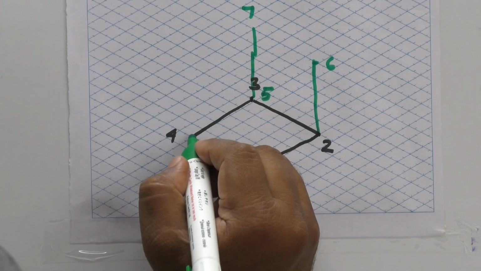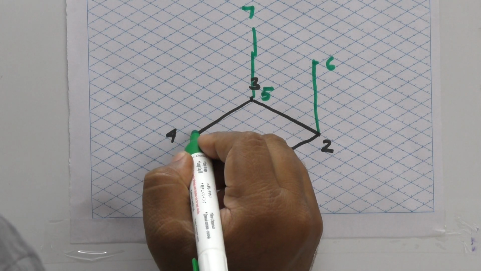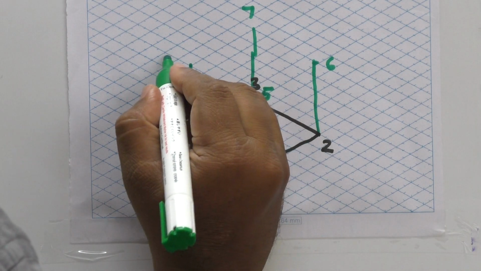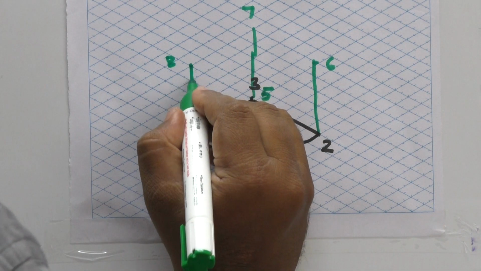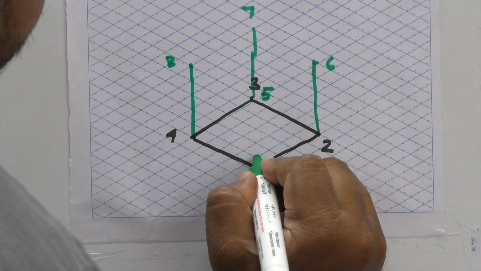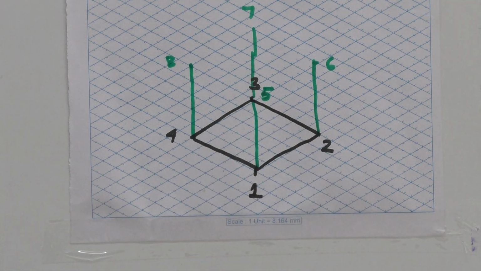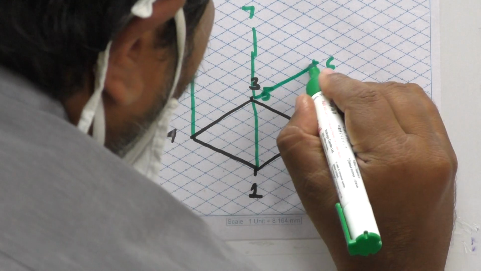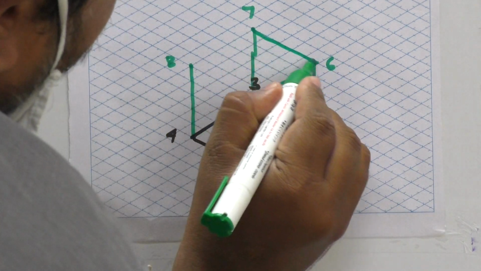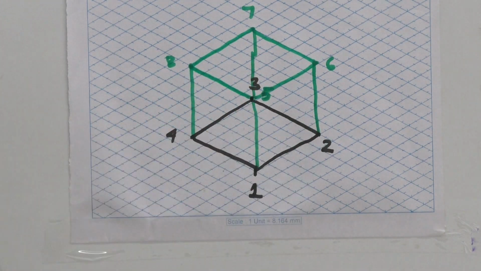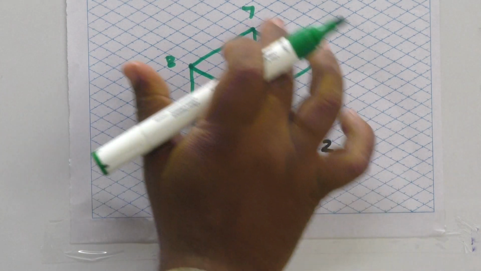Corner 4 is also raised by 5 units; this is corner 8. Each corner is raised by 5 units, because the height of the cube is 50 millimeters. Now join 5 to 6, 6 to 7, 7 to 8 and 8 to 5. So now this is 5, 6, 7, 8.